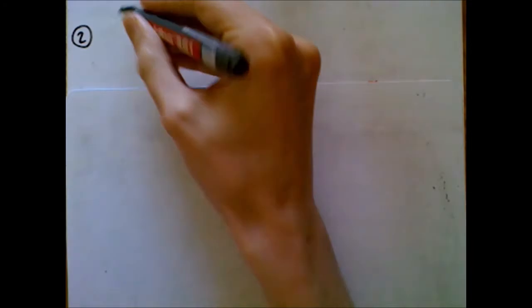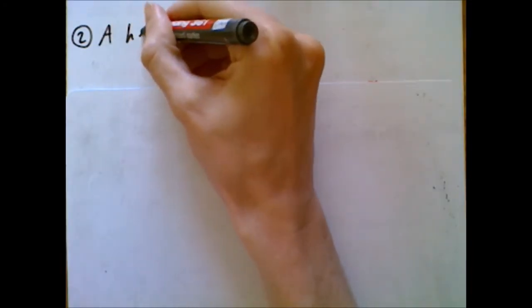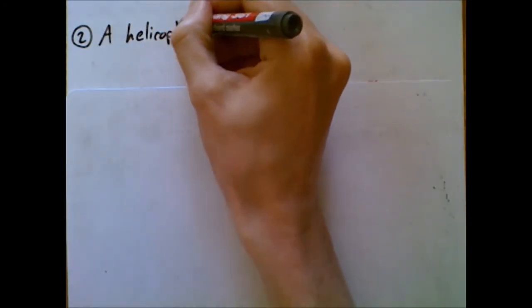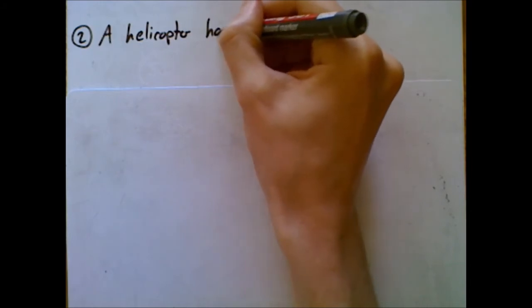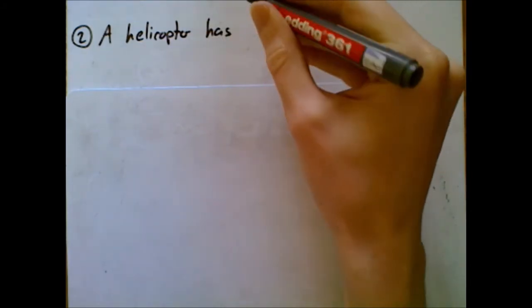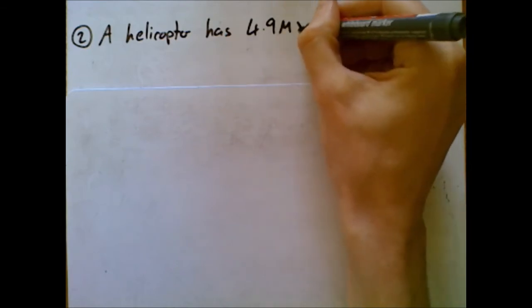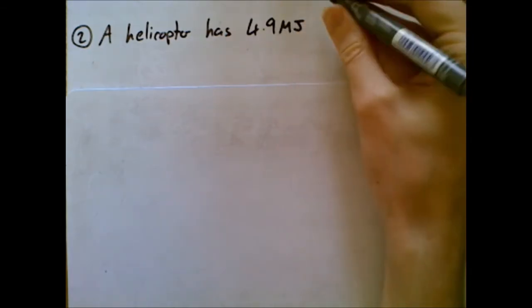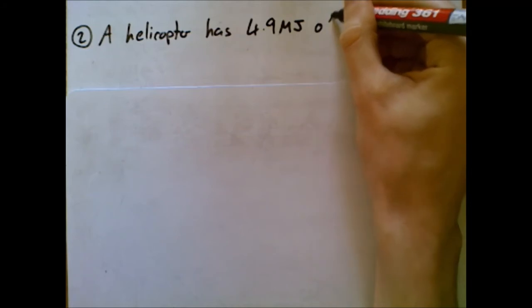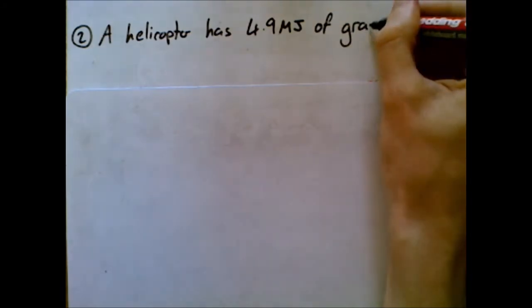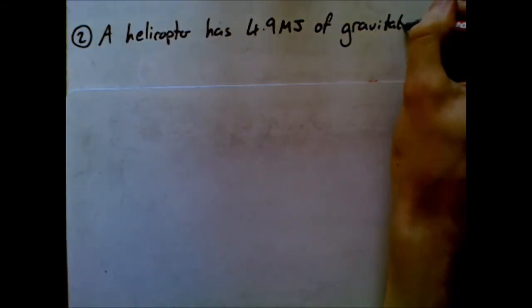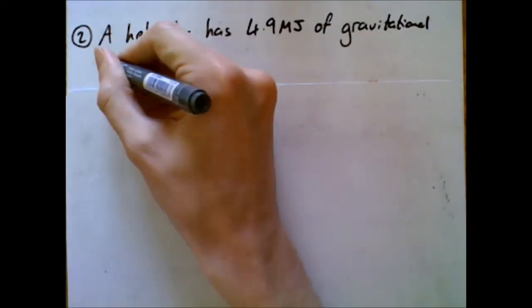So for question 2 here then, we're going to say that a helicopter has, and we're being told the amount of energy it's got, 4.9 MJ, we'll talk about that in a second, of gravitational potential energy.